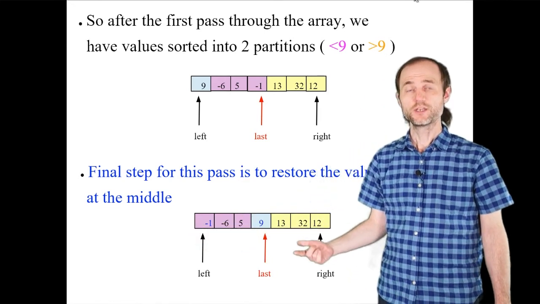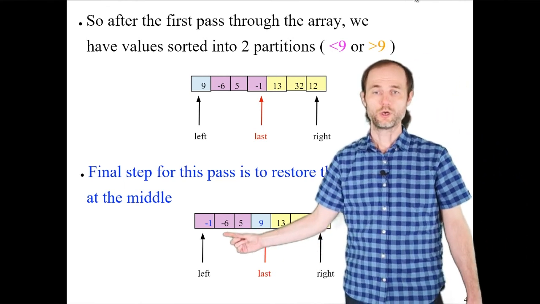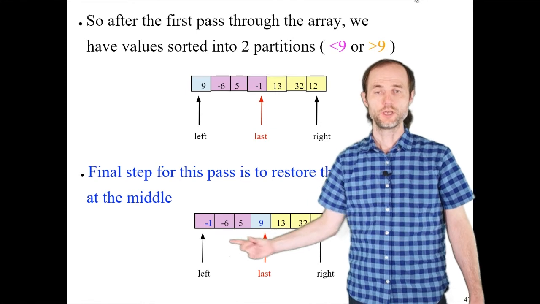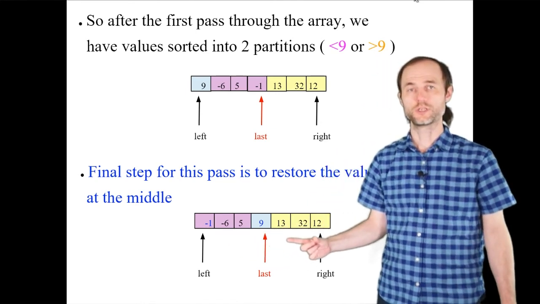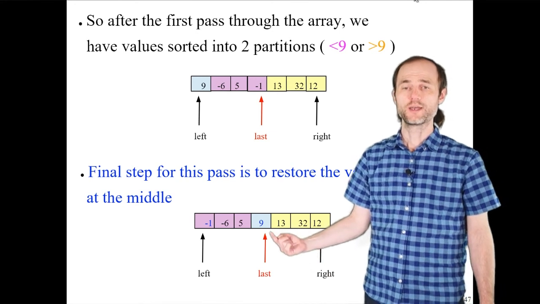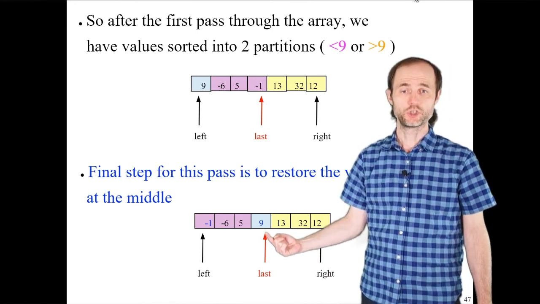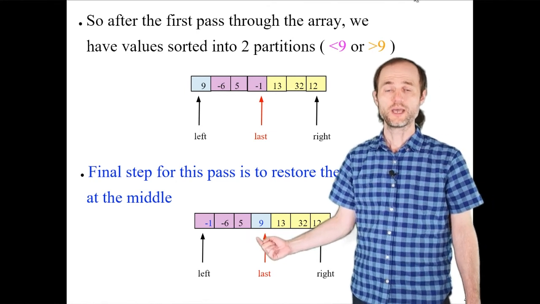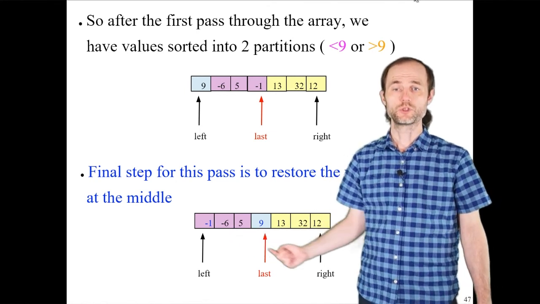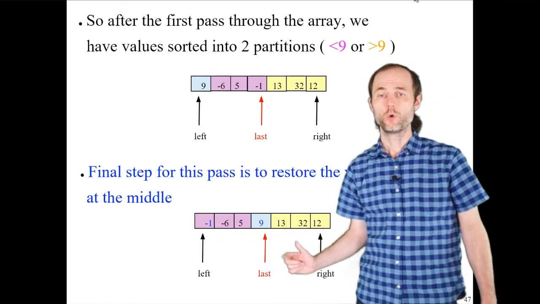And then after that, we're going to make another call to qsort to sort these 3 elements on the left, and another call to qsort to sort these elements on the right. And why that works is because we now know that this 9 is in the correct position. The only thing that the sorting subsequent to this state will do is reshuffle things to the left or to the right of 9.